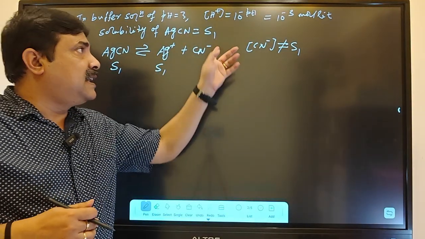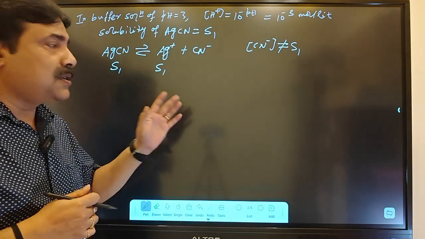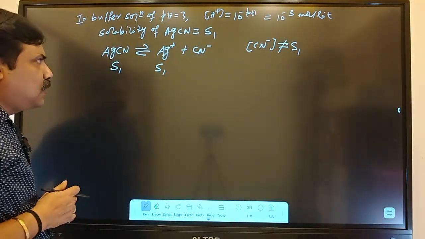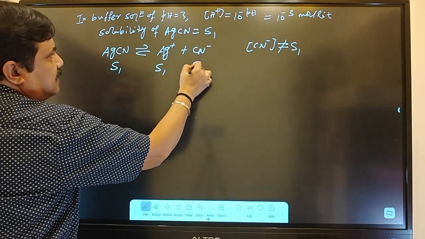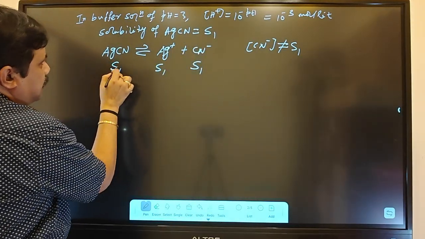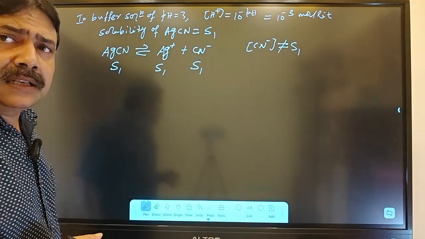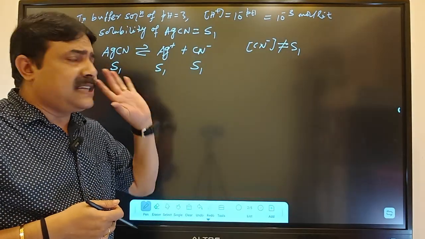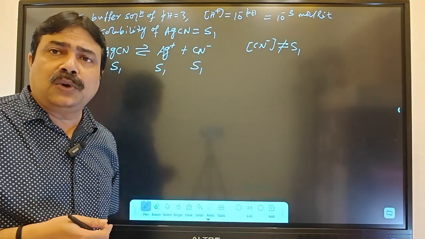Exactly how much the cyanide ion concentration is, I am going to find out based on the data they provided. As per our logic it should be S1, but some cyanide will undergo a side reaction, so it will not be exactly S1, which we will find out.